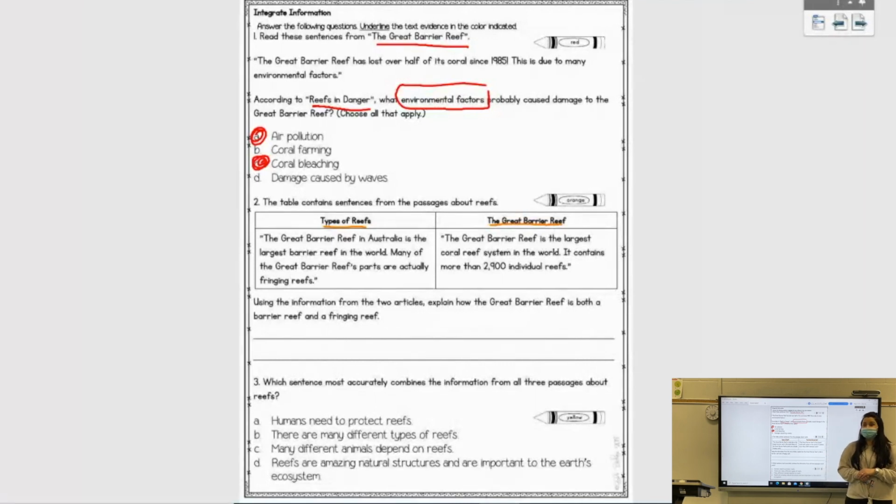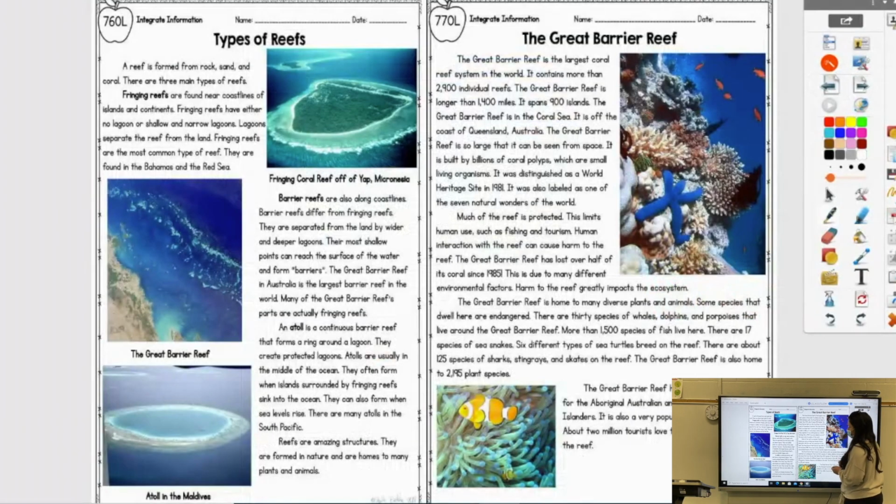Go back to your text and read, looking for how it is a barrier reef and a fringing reef. So how is it both a barrier reef and a fringing reef? Let's get our orange and go back to the text. So it says right here that many of the Great Barrier Reef's parts are actually fringing reefs.